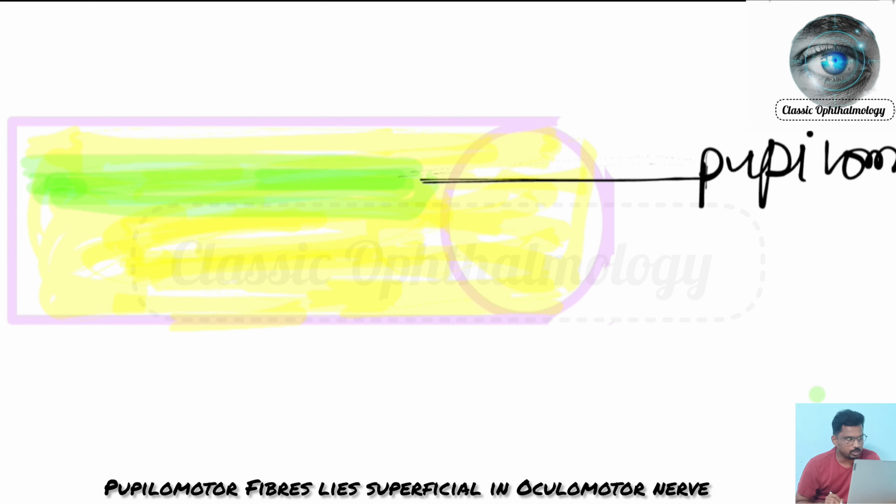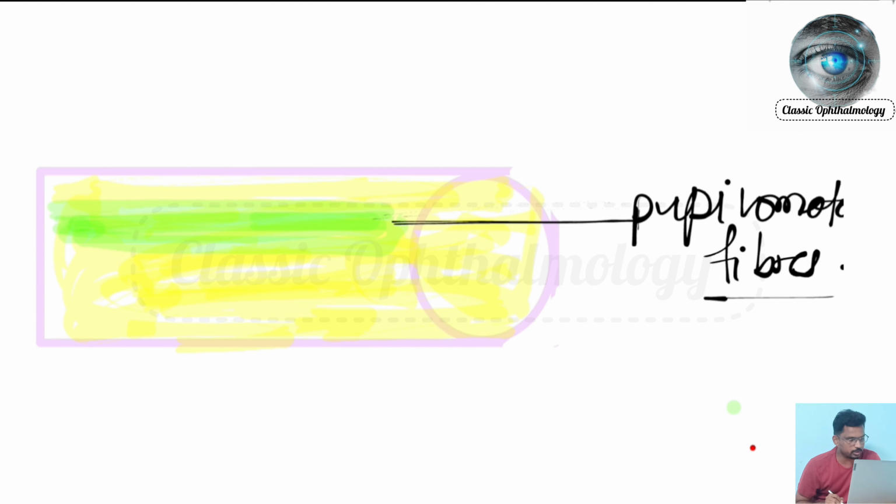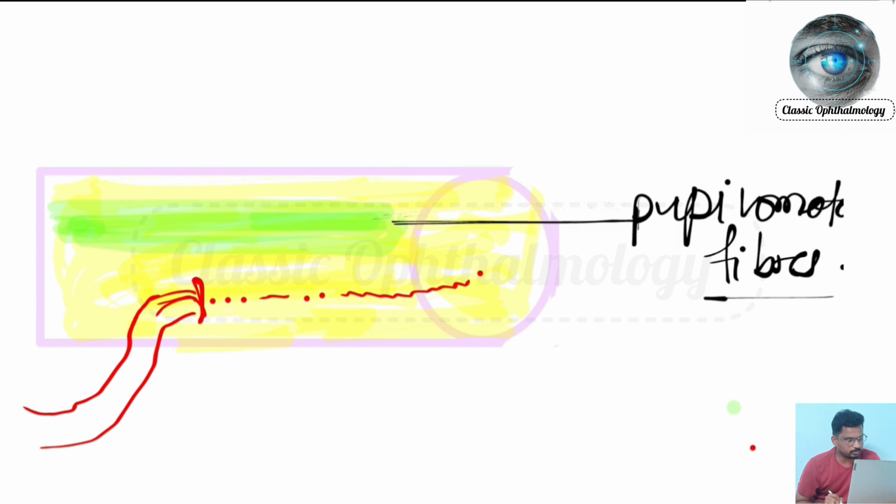Now this is the arterial blood supply of the interior of the oculomotor nerve. Remember, these are micro vessels which supply the interior of the oculomotor nerve.